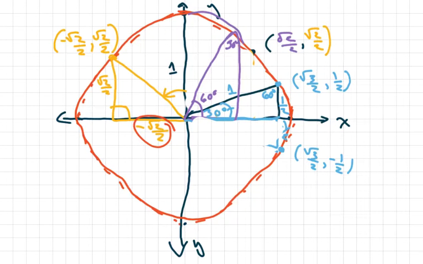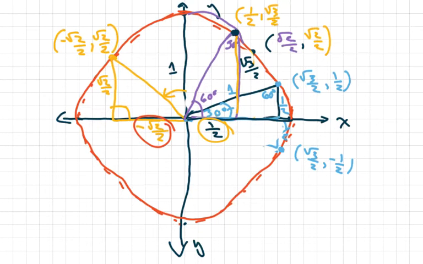Basically, the side across from 30 is 1/2, and the side across from 60 is square root of 3 over 2. So at this point right here, my x is 1/2, but my y is square root of 3 over 2. So that's where that comes from.